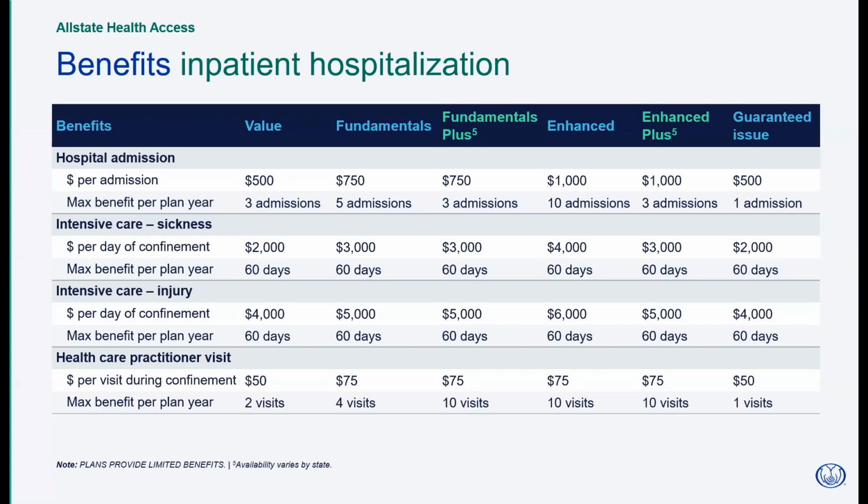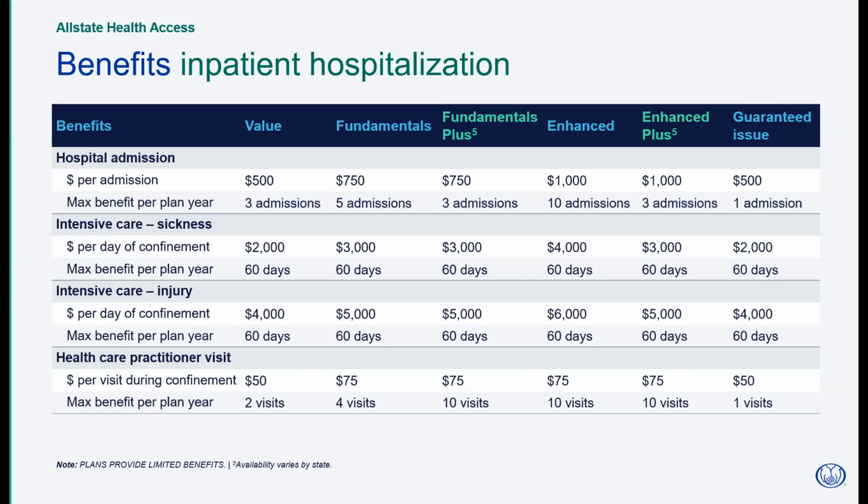So now let's take a moment to review the benefits. First, we're going to look at the hospital admission benefits that we have here. It does vary based on the different plans that are out there. This is a hospital admissions benefit.